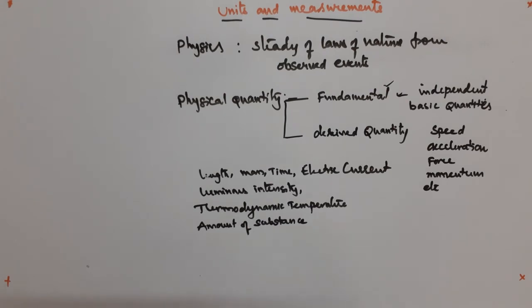Now how can we measure these physical quantities? Here we have just given the names of some of the physical quantities. How can we measure these physical quantities and what are the units for these physical quantities? Now, measurement of physical quantities.